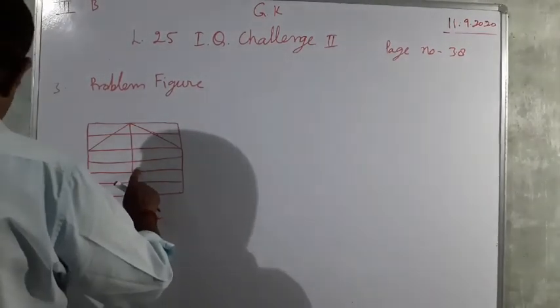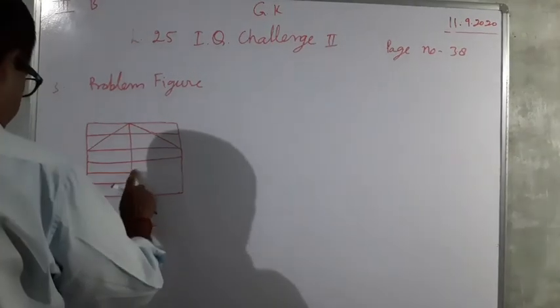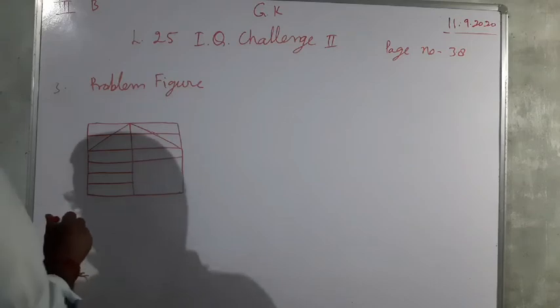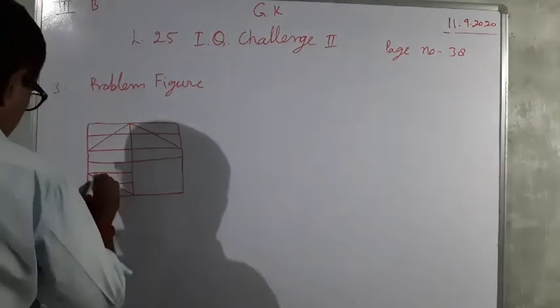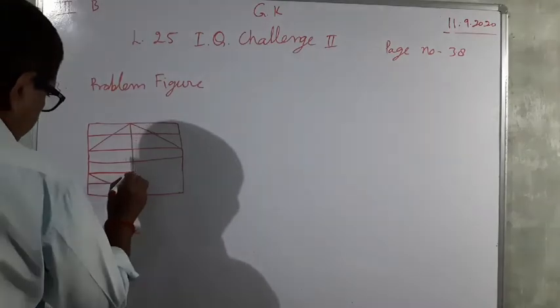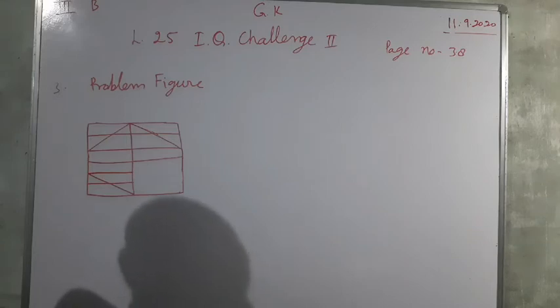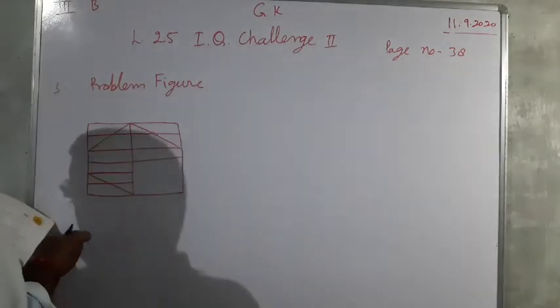So here this region is completely empty. This region is completely empty. And here one line completes it. For more clarity we can use another color.